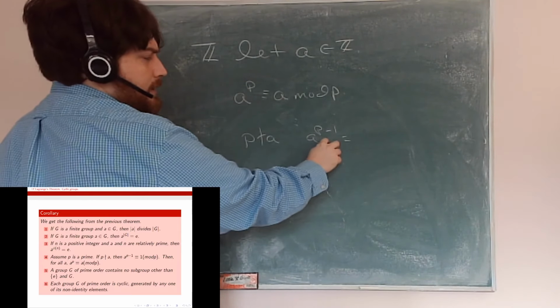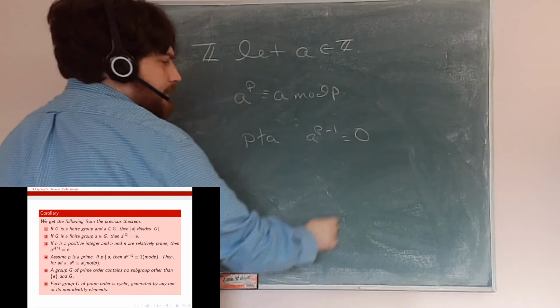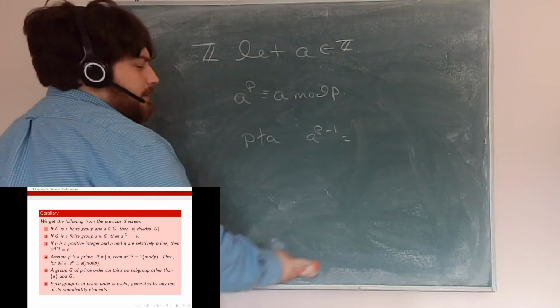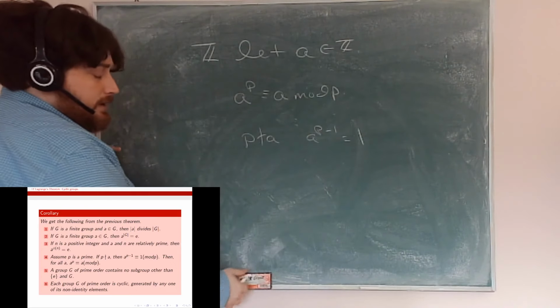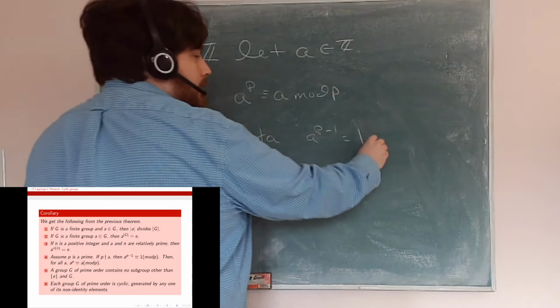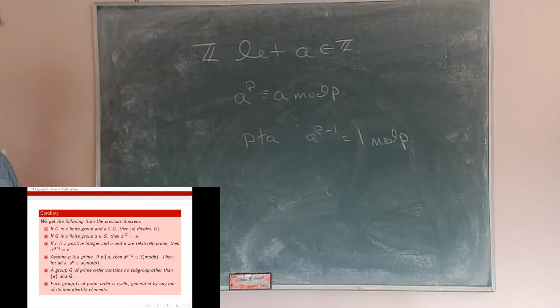So on Z, the identity element is 0. Oh, so the identity element is 1 under multiplication. So I'm going to show A to the P minus 1 is equal to 1 mod P. There we go.